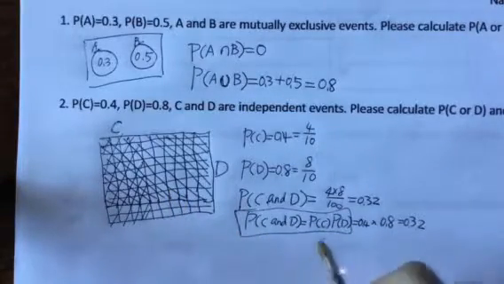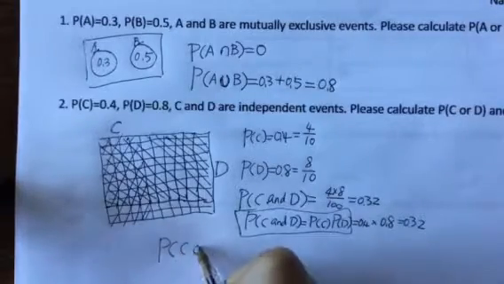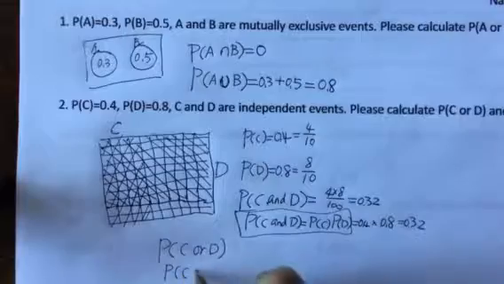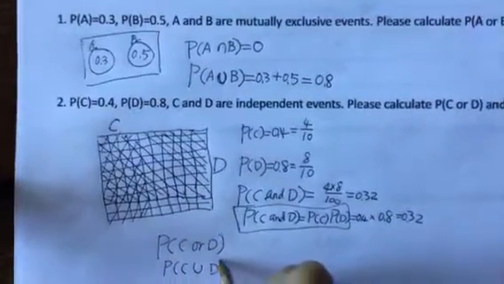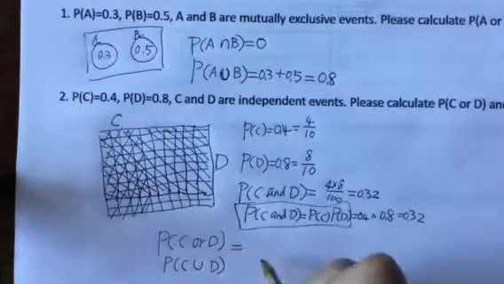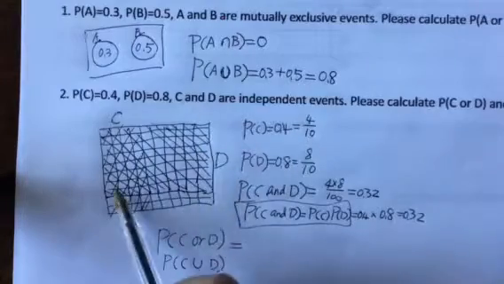And we have a second question, which is the probability for C or D. The notation is probability C or D. So, do you know how to do this calculation? The part that's in C or that's in D?